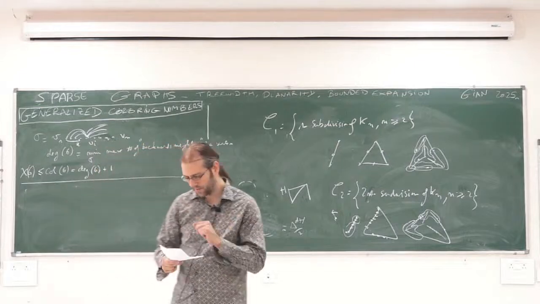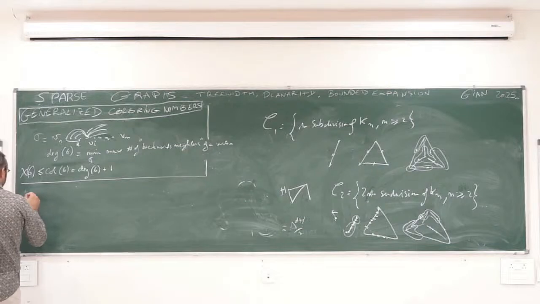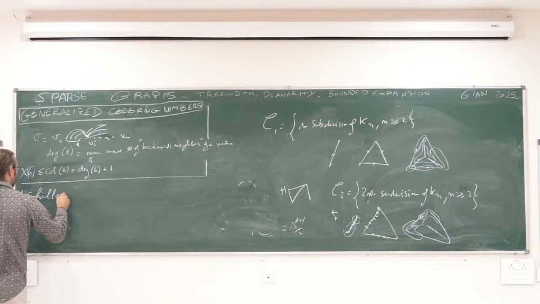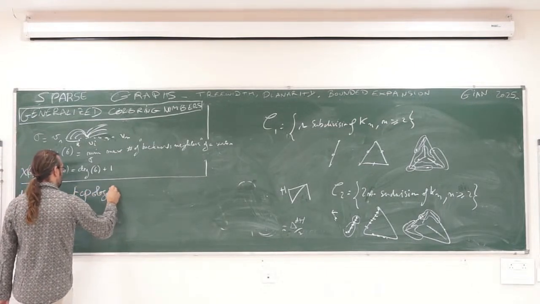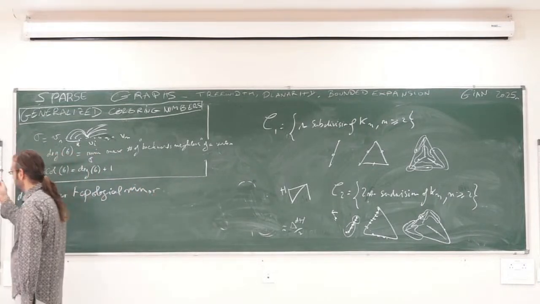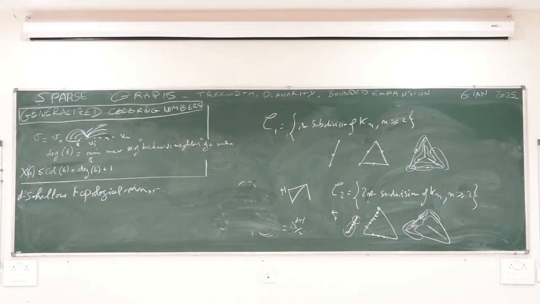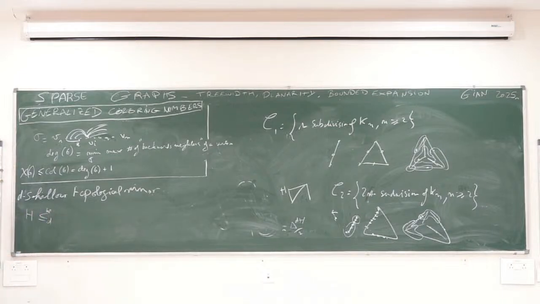It's just a small side remark that you can define shallow topological minors. And the definition is very intuitive. It's similar to the normal shallow minors, but you take subdivisions instead. So what you take is topological minors.